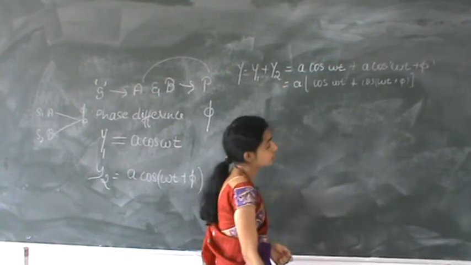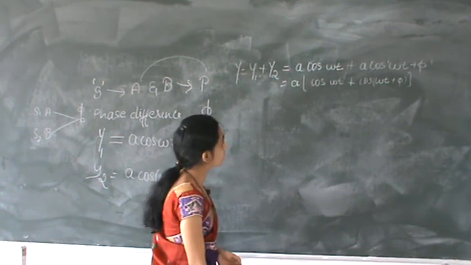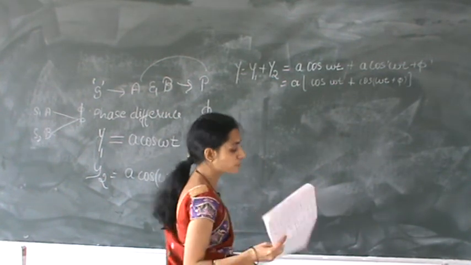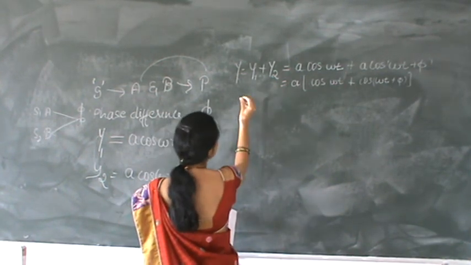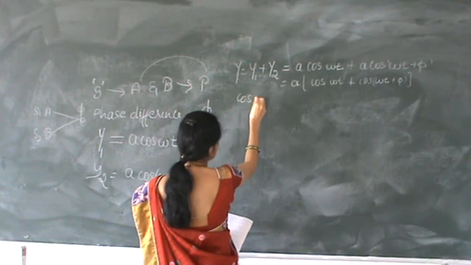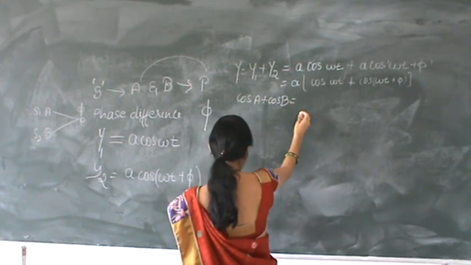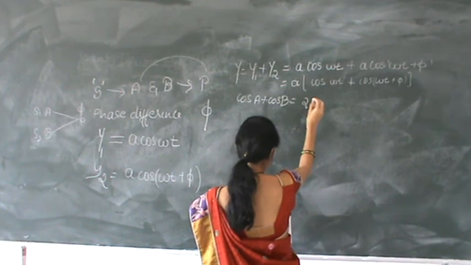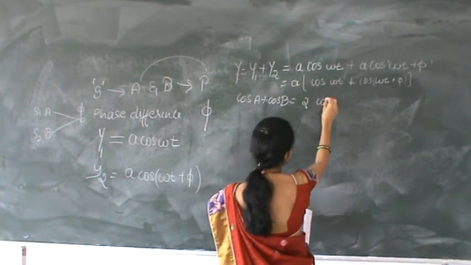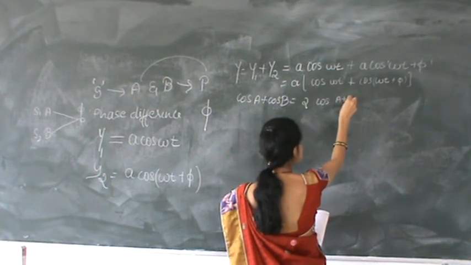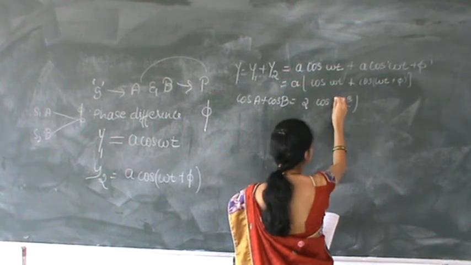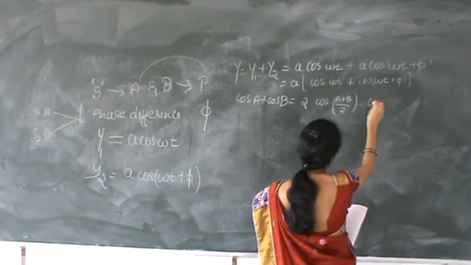You know the standard relation: cos A plus cos B is equal to 2 times cos of (A plus B) by 2 into cos of (A minus B) by 2.